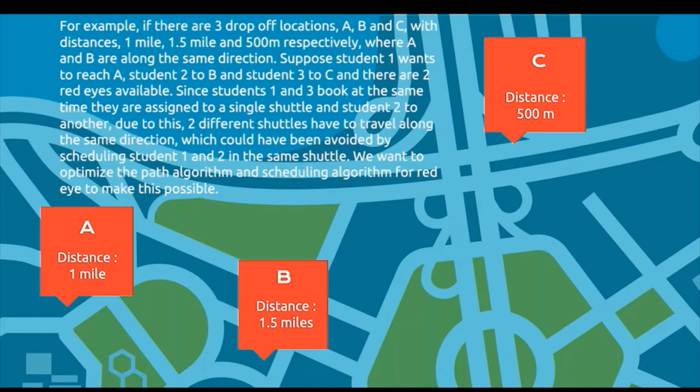Since students 1 and 3 book at the same time, they are assigned to a single shuttle and student 2 to another. Due to this, 2 different shuttles have to travel along the same direction, which could have been avoided by scheduling students 1 and 2 in the same shuttle. We want to optimize the path algorithm and scheduling algorithm for Red Eye to make this possible.